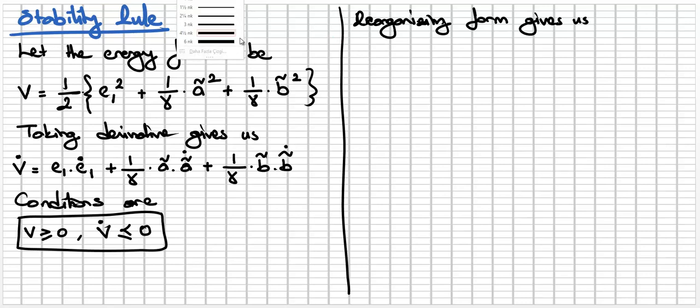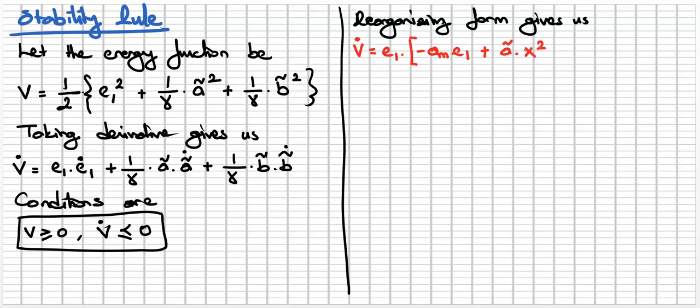V dot is equal to e1 times minus am e1, a stabilization term to make all the dynamics go to zero, plus a hat, or estimated value, times x square minus b estimated value u, okay, and also we should add 1 divided by gamma times a estimated times a estimated dot, plus 1 divided by gamma times b estimated times b estimated dot, okay.